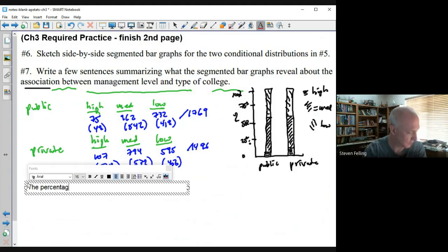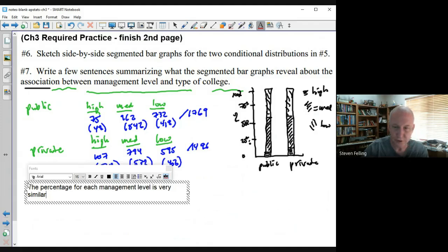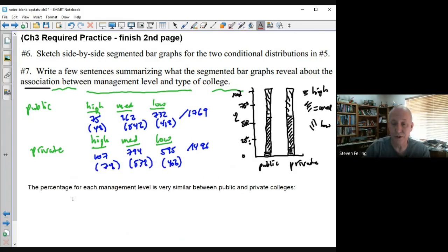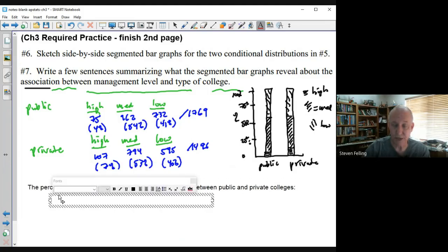The percentage for each management level is very similar between public and private colleges. Okay, so we're going to talk about why. And then in the next part, I'm going to specifically compare each one. In fact, maybe I'll just do that in the same paragraph.